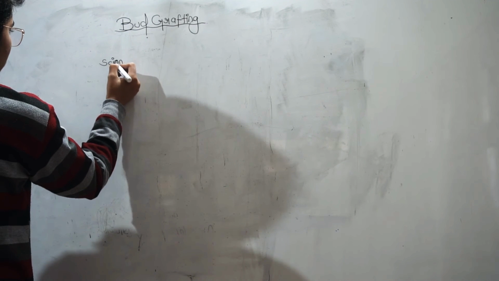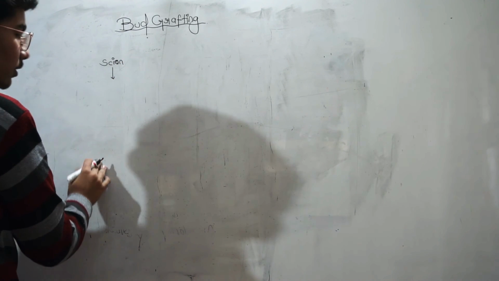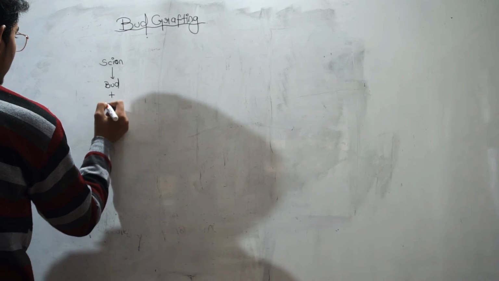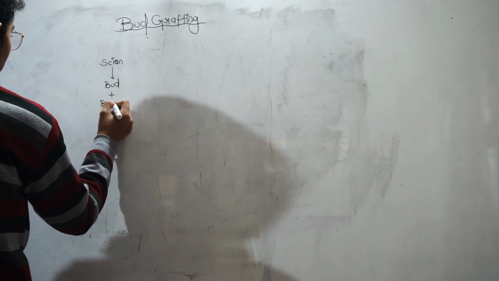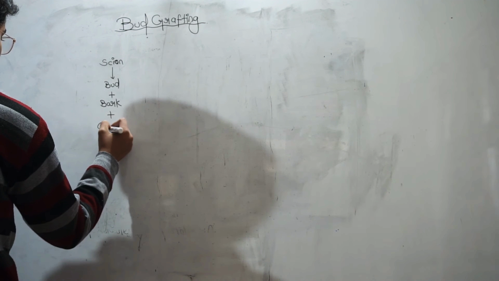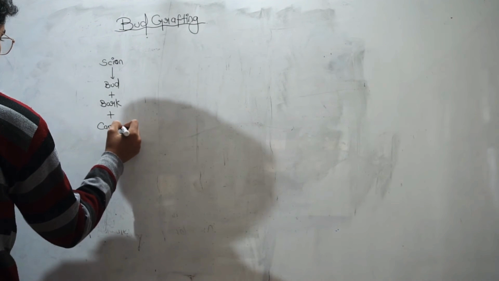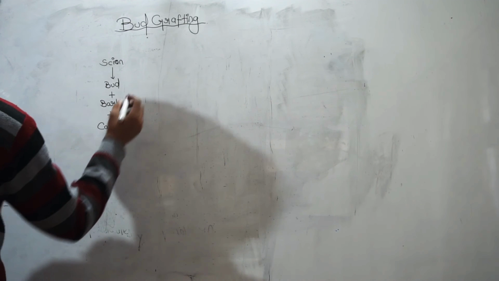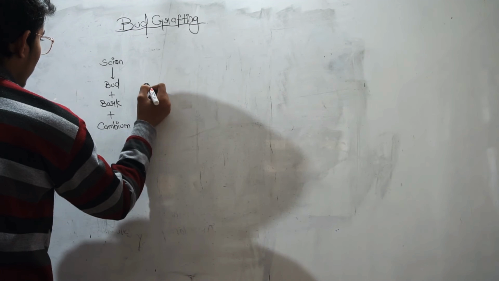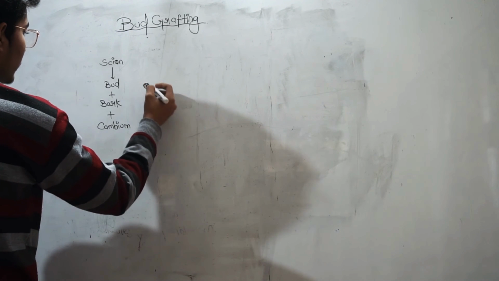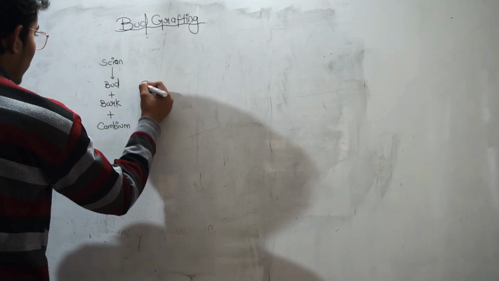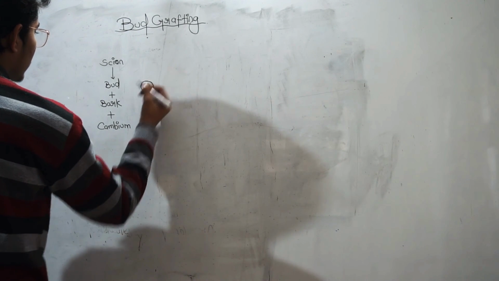In bud grafting, the scion is presented in the form of bud plus bark plus cambium. So let's say this is a bud, and in the surrounding of this bud there is a bark. Here there is a bark.